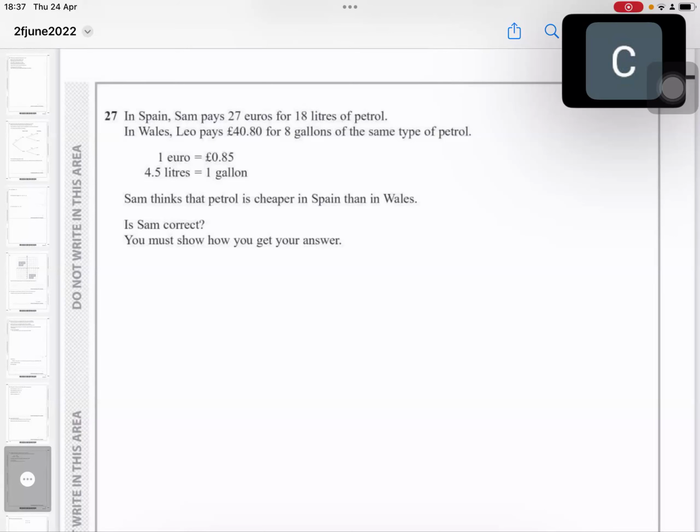Should I take it again? Okay, just hold on, let me say it again. For Sam, 22.95 divided by 18. Have you taken note of that?